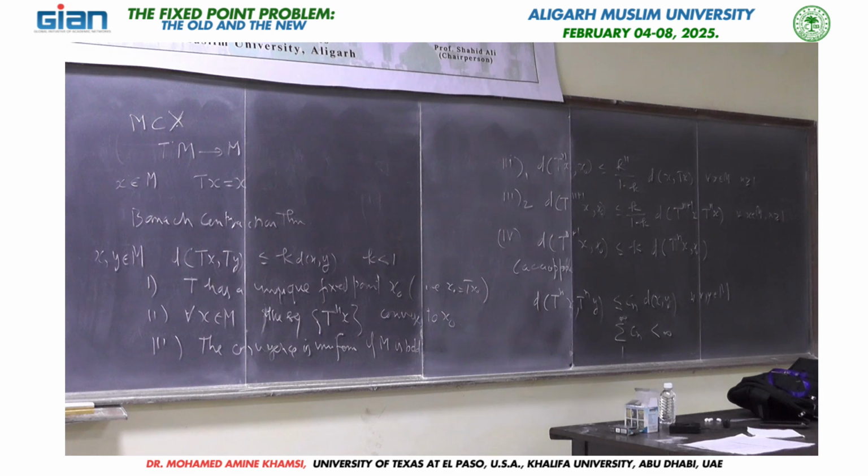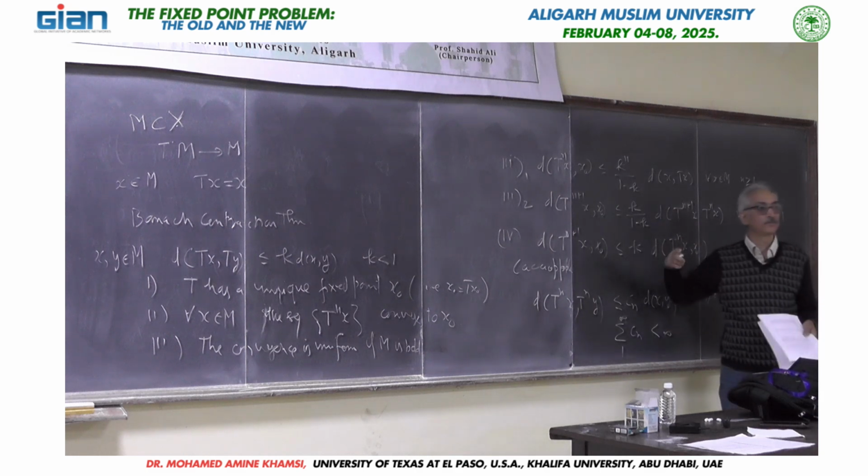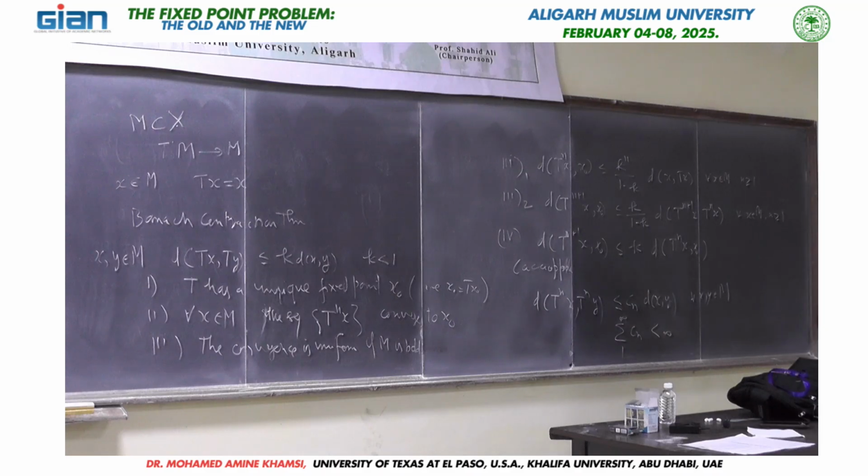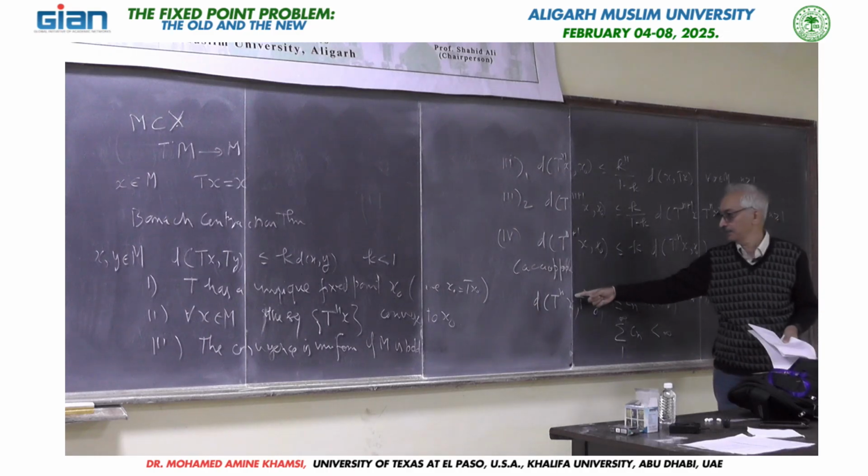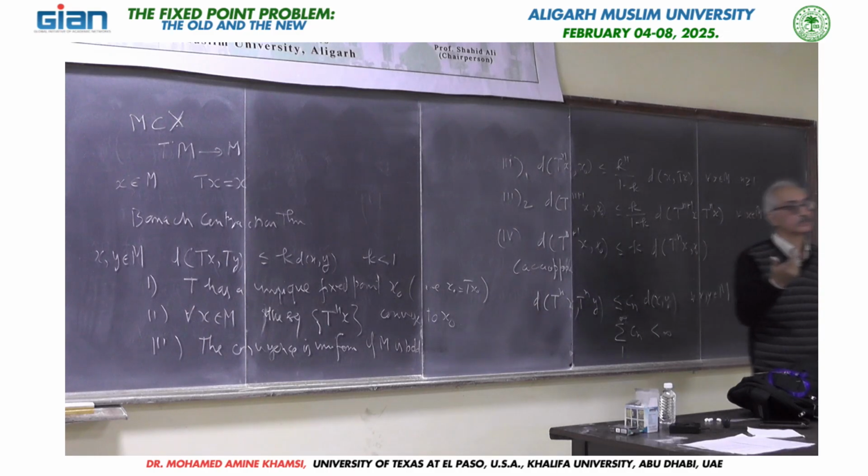We will show the generalization of this contraction principle: even if T is not a continuous map, if for some n, T^n is a contraction, then T has a fixed point.